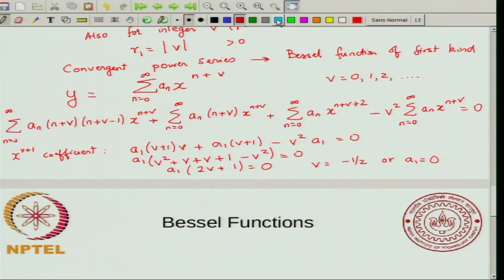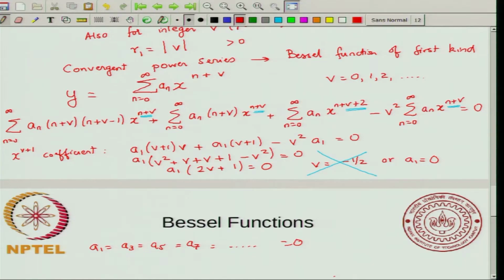Now, if a1 equals 0, notice that here you have n plus v plus 2, and everything else is n plus v. That means if a1 equals 0, then a1 equals a3 equals a5 equals a7 equals 0. That is a condition.